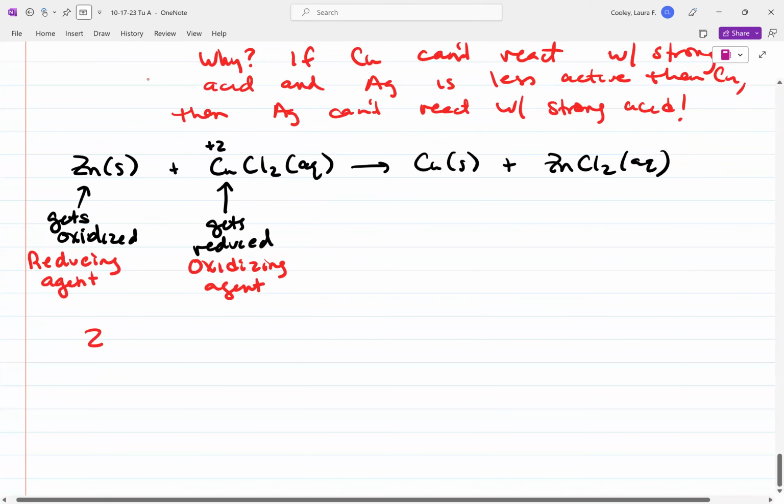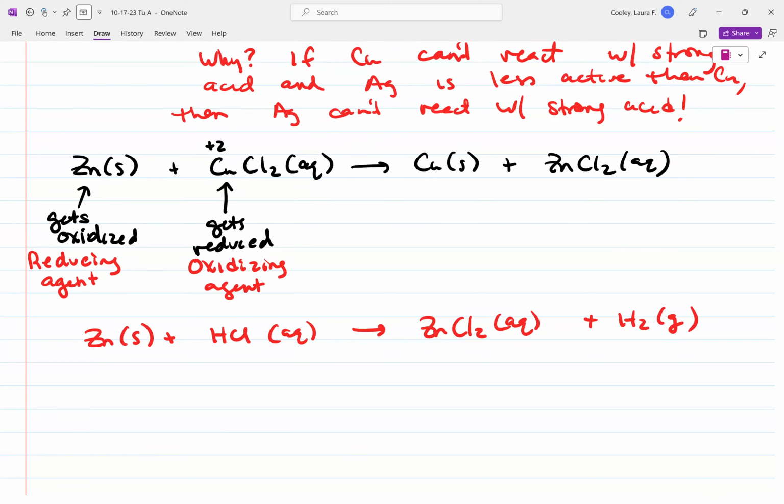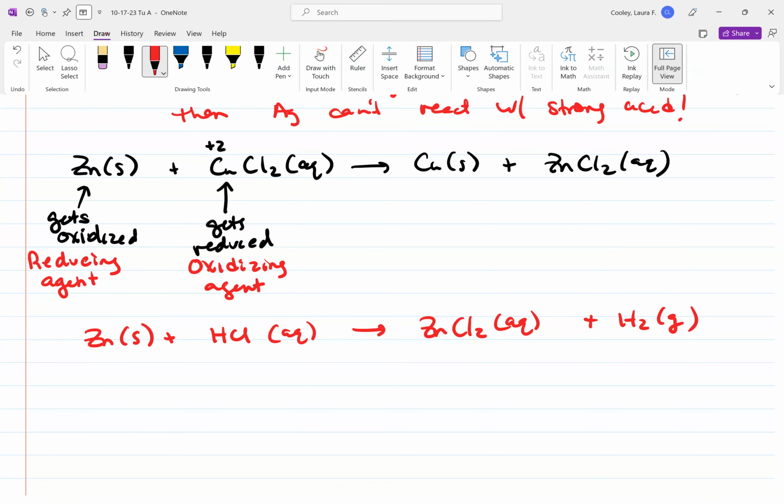So if you look at this reaction that we just talked about, HCl goes to zinc chloride plus H2. Okay, what's oxidized here? And what's reduced? This is oxidized.